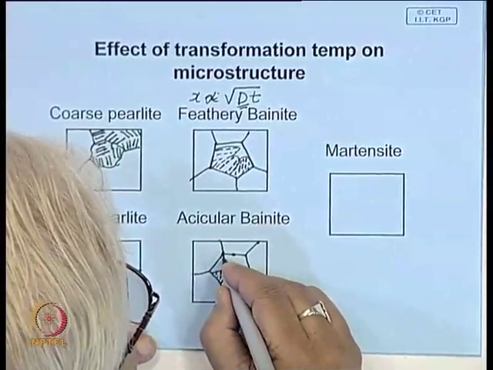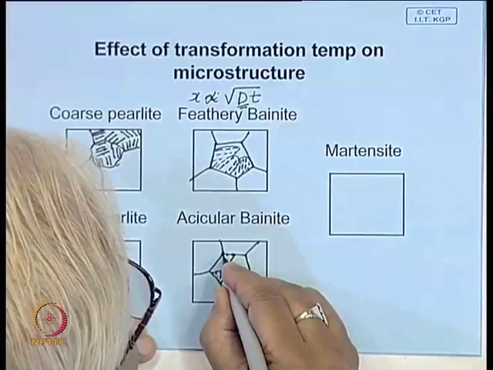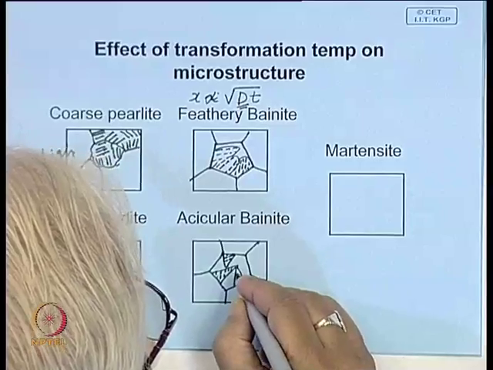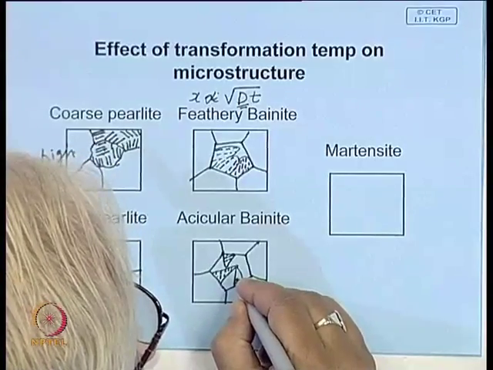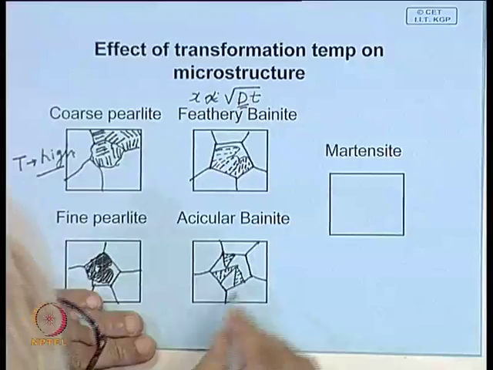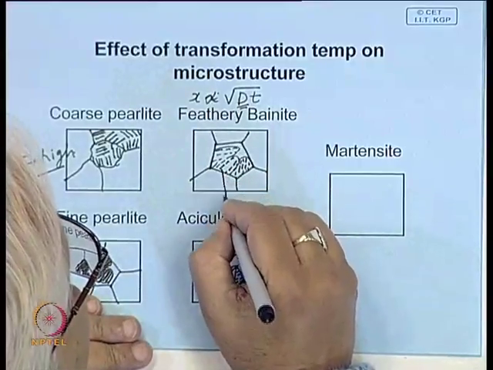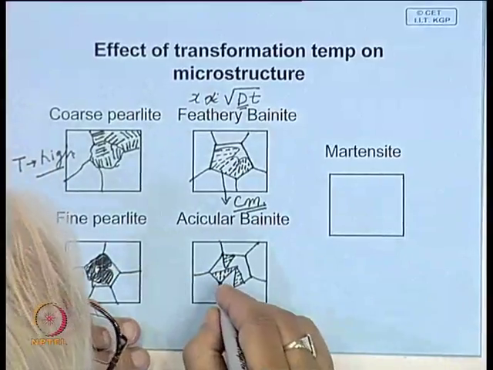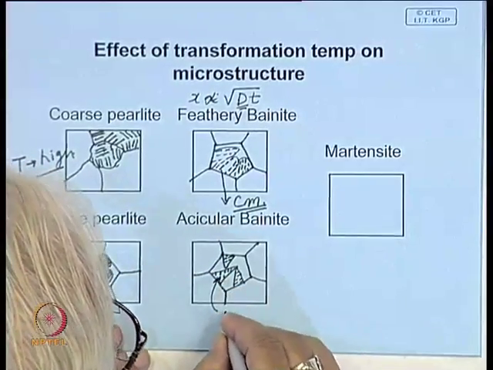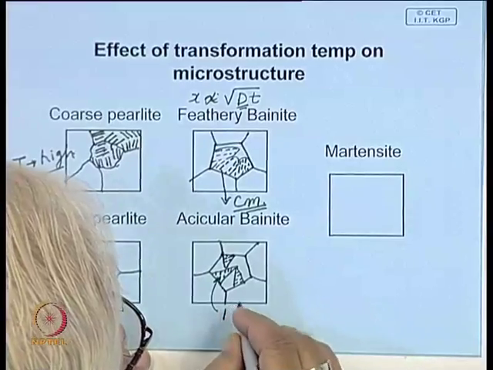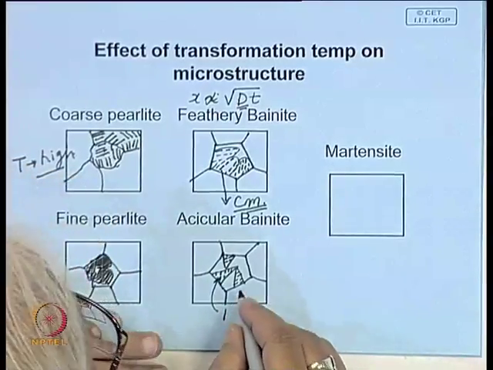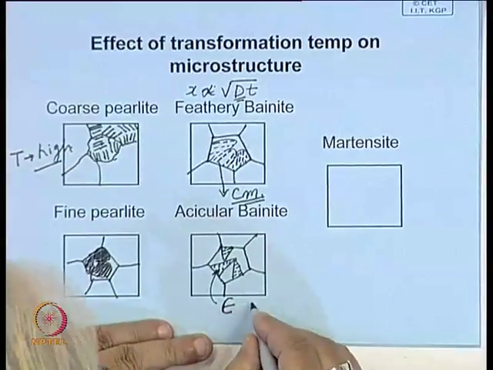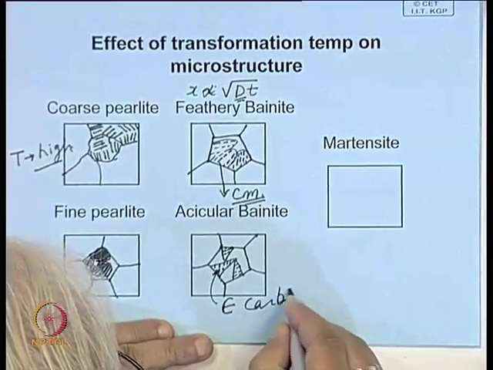So it may have several of this type of structure. Ferrite has a typical needle like feature, and these carbides are like this. Although this carbide is cementite, same as in pearlite, here it is a different carbide. Its carbon content is a little different. It is called epsilon carbide.